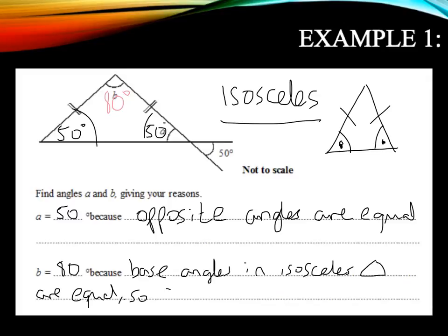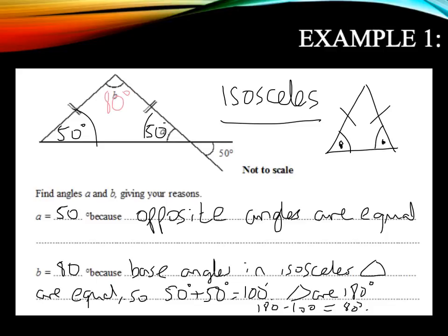So 50 plus 50 equals 100. Angles in a triangle are 180 degrees. So you've got 180 minus 100, which equals 80. So 180 minus 100 is 80 degrees.